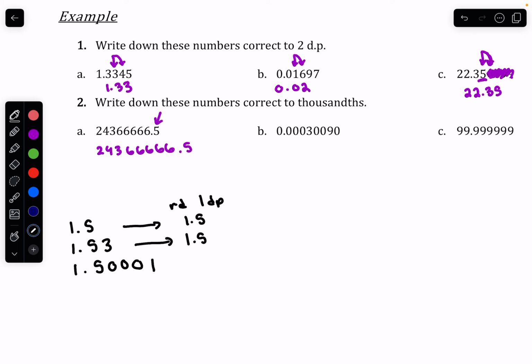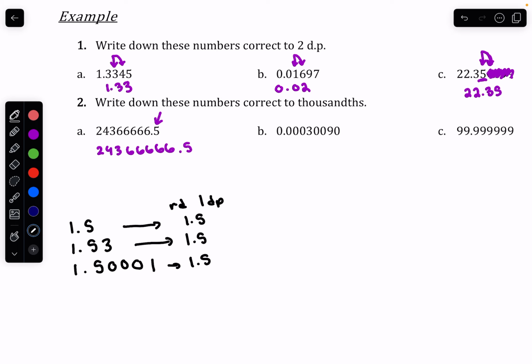Now, right now, these numbers look exactly the same because we rounded to 1.5. Even this next one, if I look at the number that comes after the 5, I have a 0. So that means I don't have to round the 5. I just get 1.5.